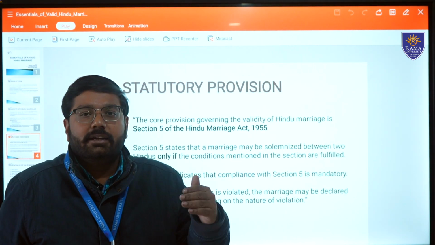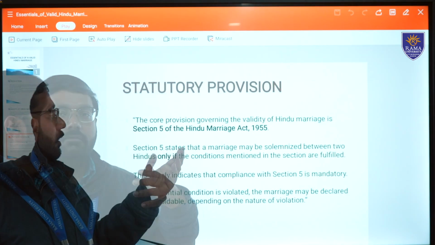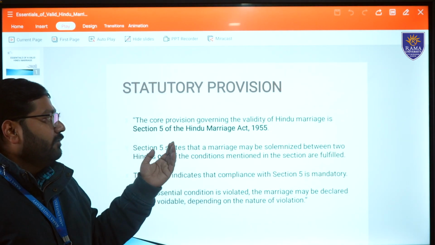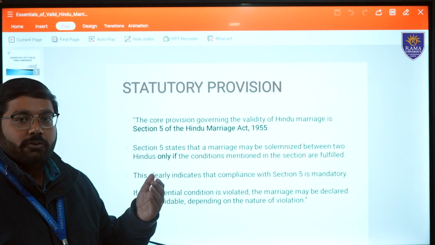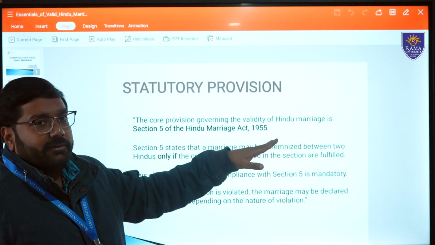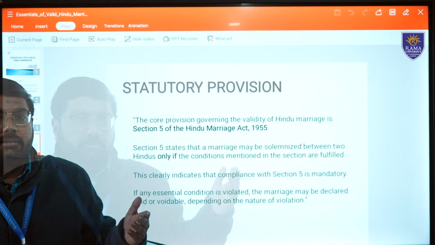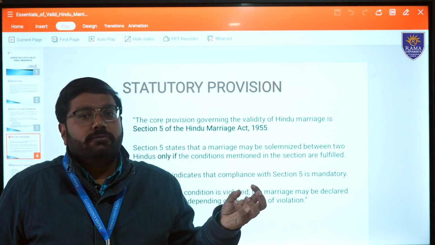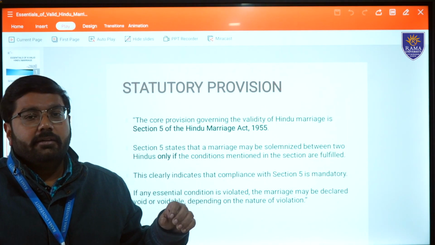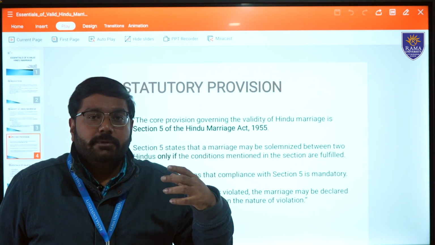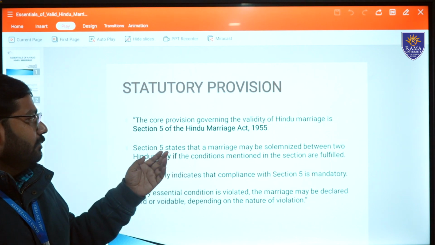Now, what are the statutory provisions that are made to validate a Hindu marriage? The core provision governing the validity of a Hindu marriage is Section 5 of the Hindu Marriage Act 1955. Before this Act, we used to have several Smritis and Vedas through which marriage was regulated. But after this, in India, the Hindu Marriage Act 1955 has codified and regulated Hindu marriage.